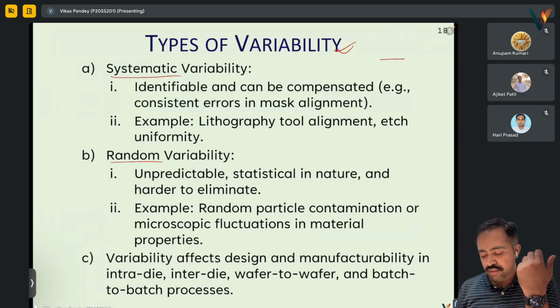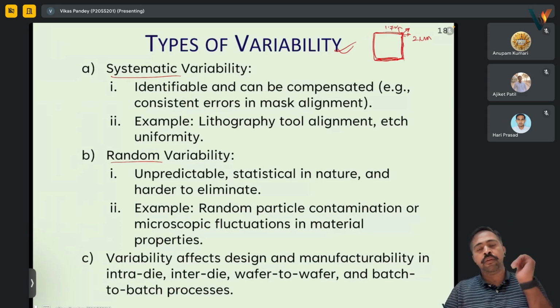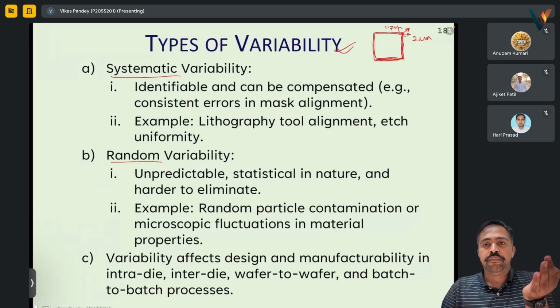Suppose this is my alignment mark on the mask and wafer. Once it comes close, it always moves a bit rightward, and I know that it is almost 2 micrometers this side and 1.7 micrometers this side. This is happening every time. So now I know that I have to compensate for this.